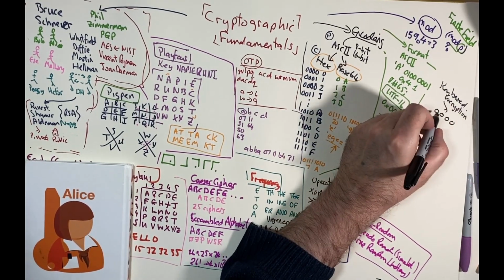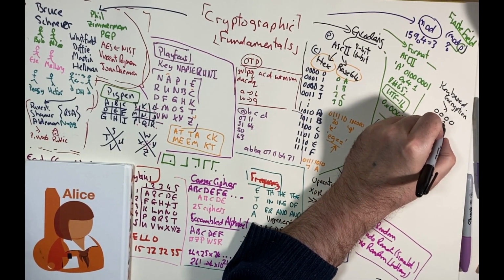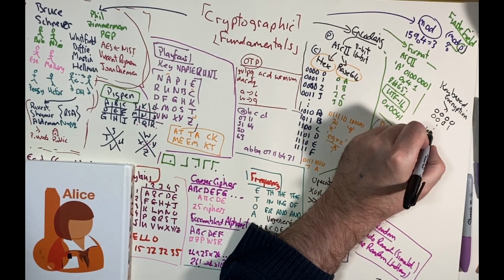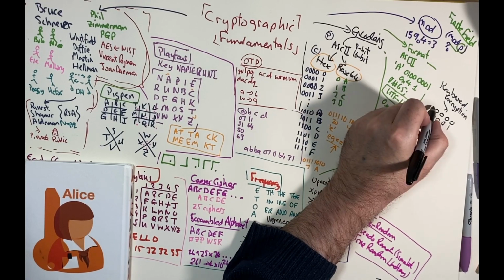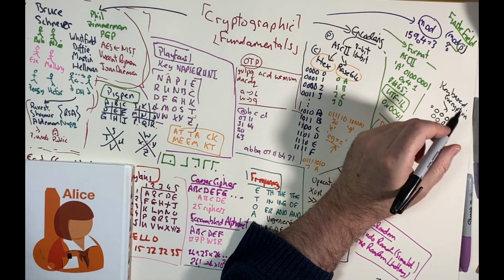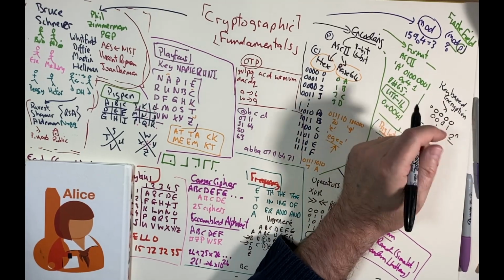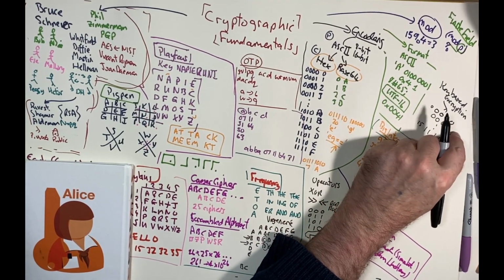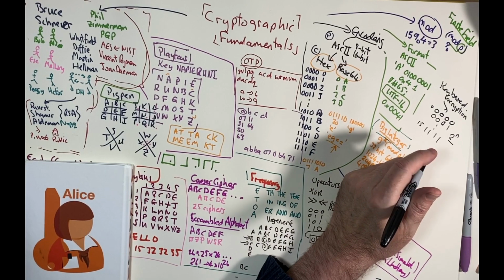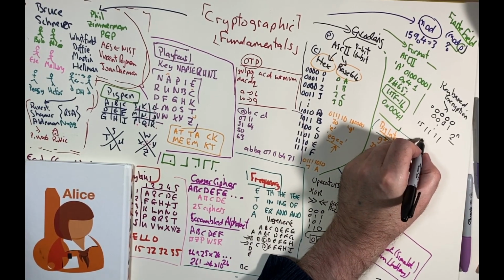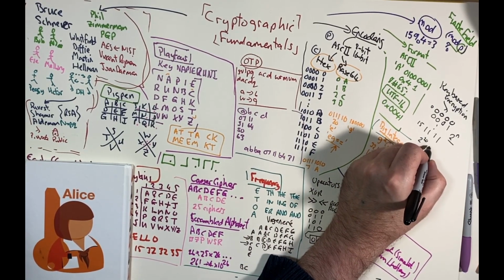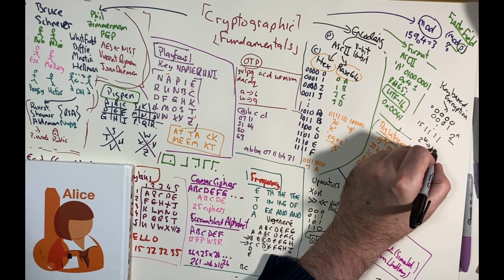So in this case, if we had 4 bits, then we would end up with 16 different keys, 0 to 15 here, or 2 to the power of the number of bits in our key. So the larger the number of bits that we have, the more keys that we can have.